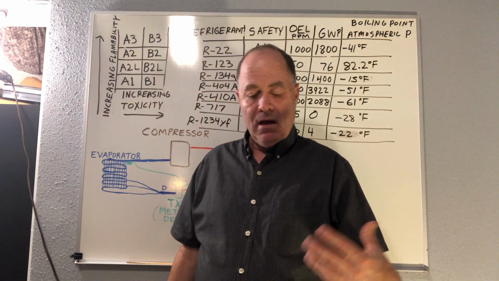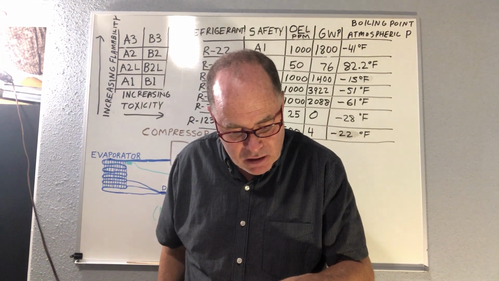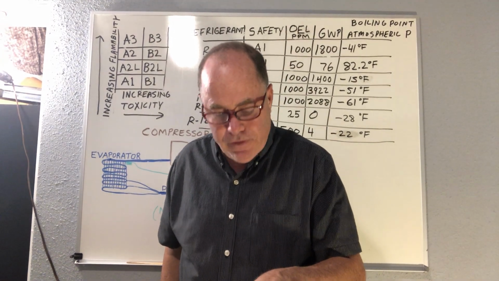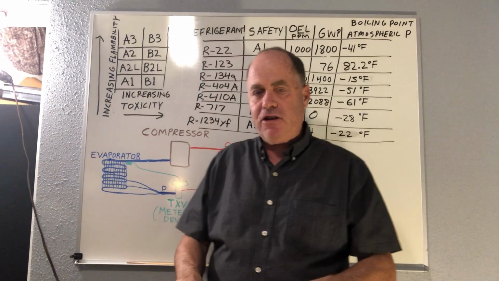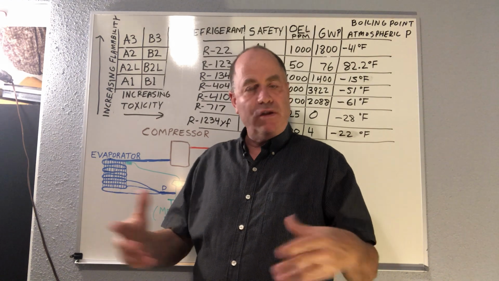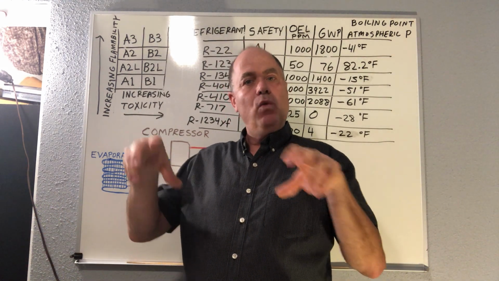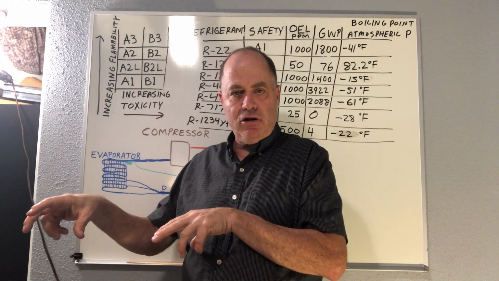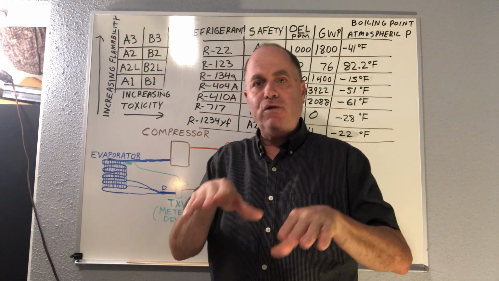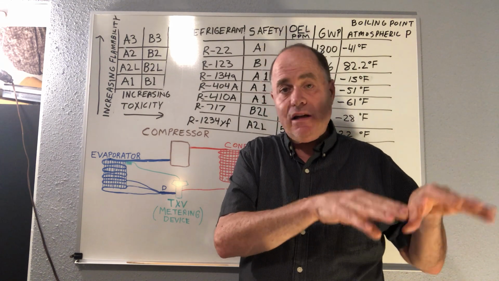Okay? 134A is 250 on the high side, 150 on the low side. So when you see these pressures, it has nothing to do with the operating pressures or the standing pressure when the system's off. It just has to do with what they guaranteed it could handle when it was new, and the recommendation for you not to exceed these pressures if you do a pressure test on it, like with dry nitrogen.